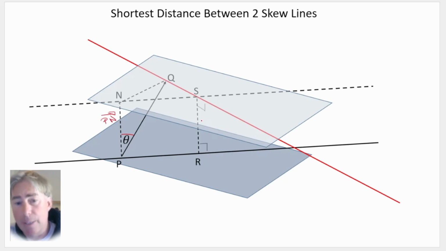So that basically means that the modulus of the vector PN, the size or magnitude of PN, is equal to the magnitude of RS. Sorry, I'll write RS, not SR, I'll be consistent. And that is the distance that we're looking for, the shortest distance between the two skew lines.